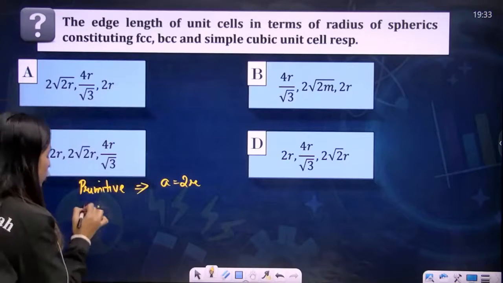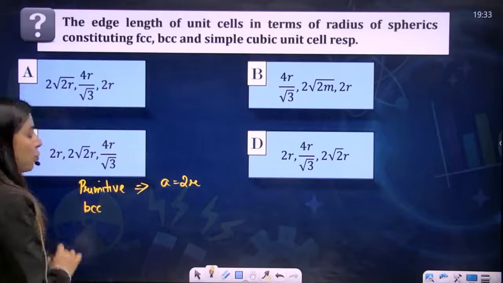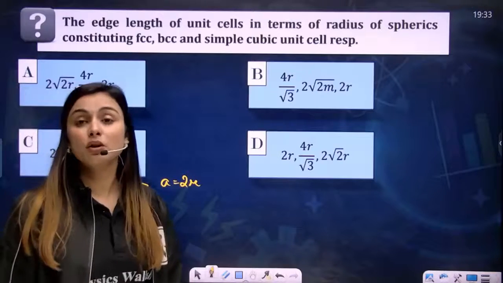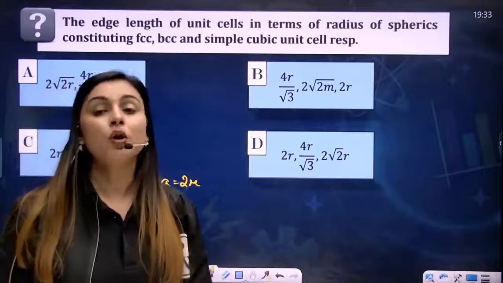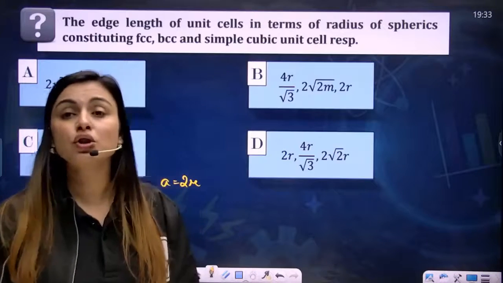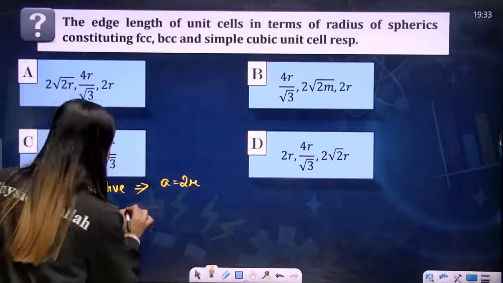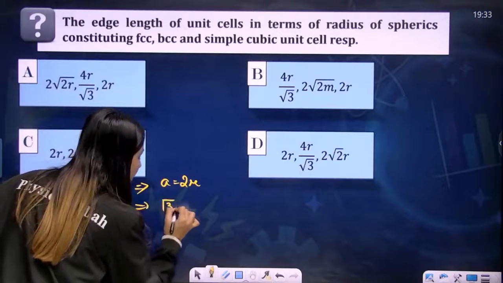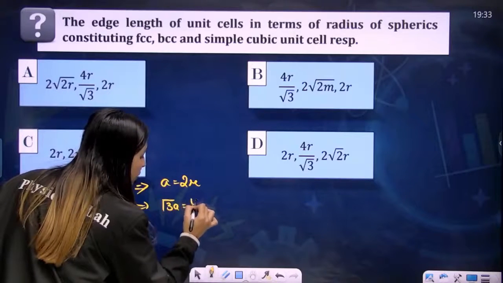If you talk about BCC, that is your body centered crystal system, your atoms touch along the body diagonal, and the length of the body diagonal is root 3 a. So I can say that root 3 a is equal to 4r.